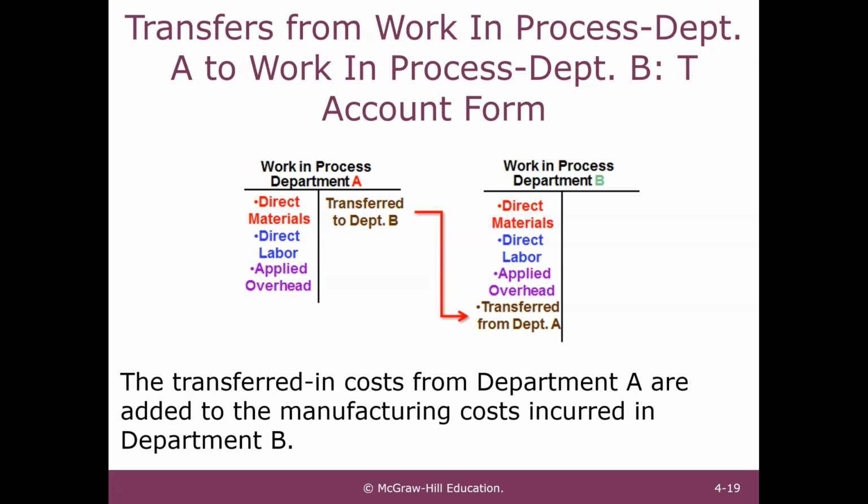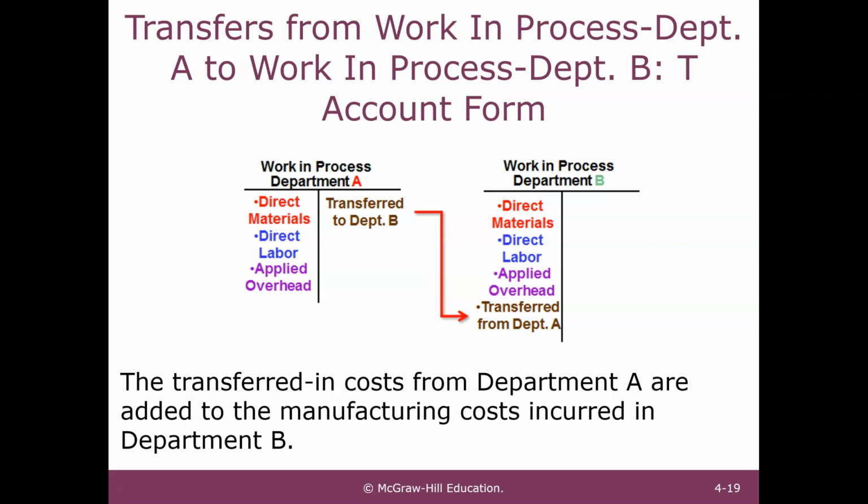So another journal entry will be to transfer the items that are done in Department A and ready to go into Department B. Just like we transfer raw materials from raw materials into work in process, then it stays there till it's completed, then it's transferred into finished goods.